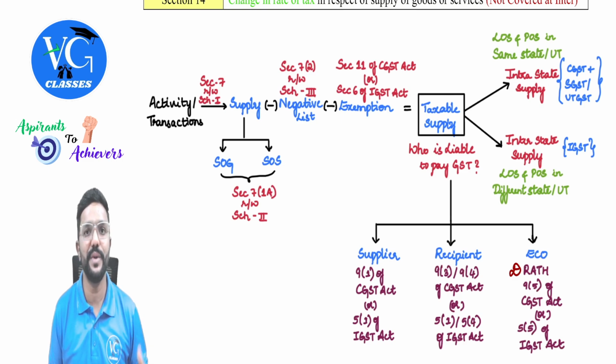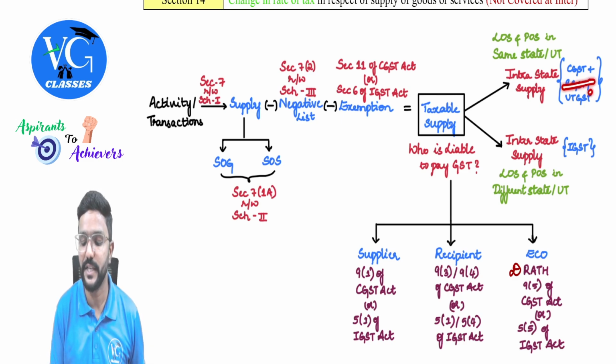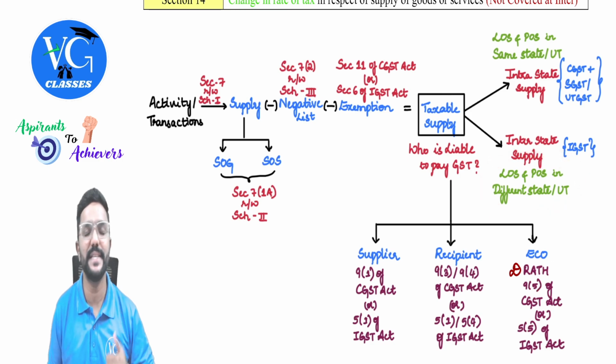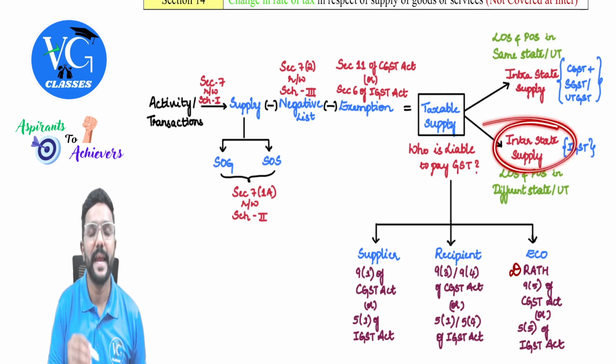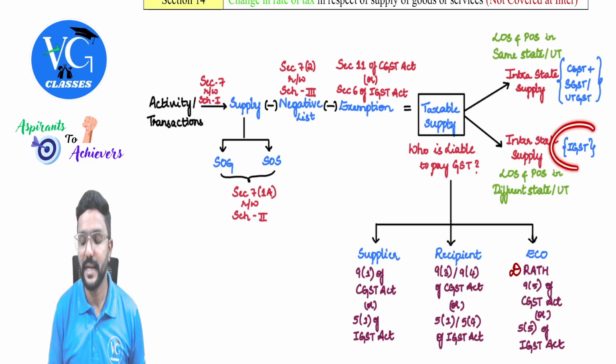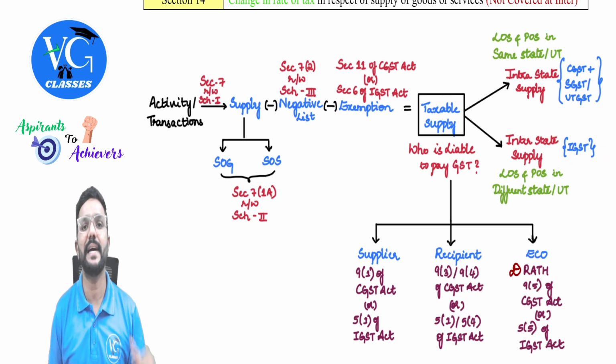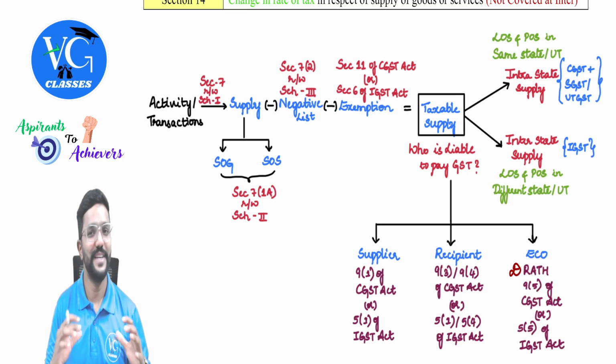Or if it is within a union territory, then instead of SGST, UTGST would be levied, guys. Sir, what if the location of the supplier and the place of supply are in two different states or two different union territories or one state and one union territory? We call it interstate supply. In that case, IGST will be levied and collected by the central government, but it will be shared with the destination state.